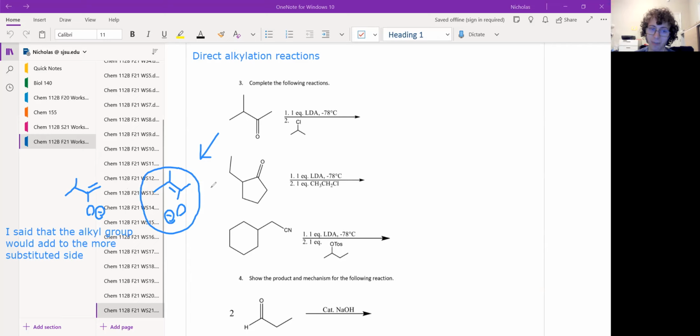And a lot of the time, that more stable intermediate is going to be the one that gives you the major product. And that is how Okuda taught it to us in the class when I took it. So that's why I taught it that way.